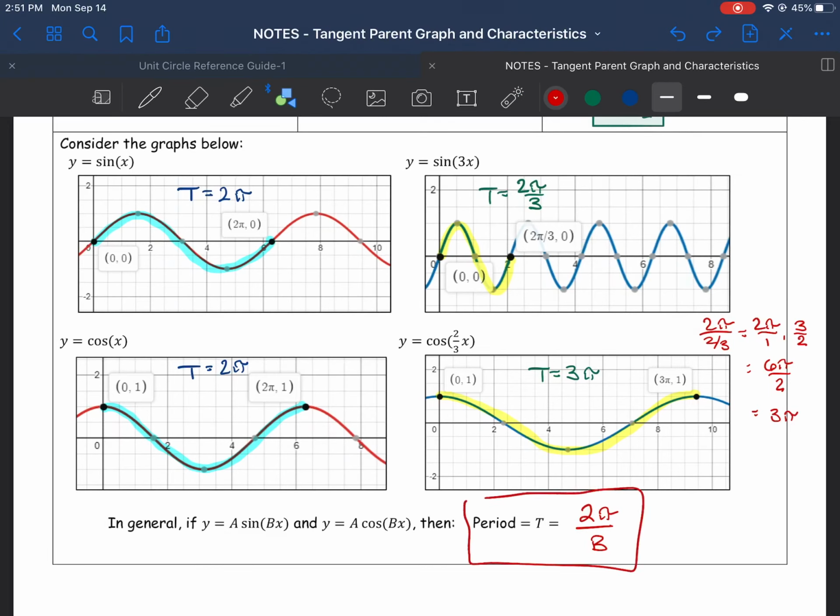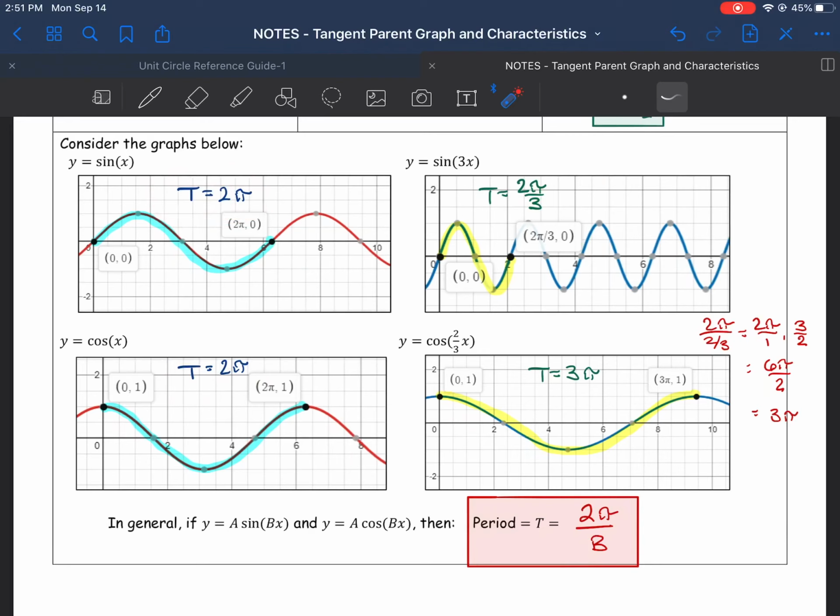Okay, so the period is equal to 2 pi divided by b, and again, b is this coefficient of x inside the parentheses. And notice that we're using 2 pi because that's the original period for sine and cosine.